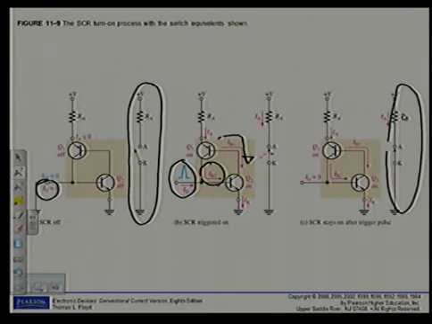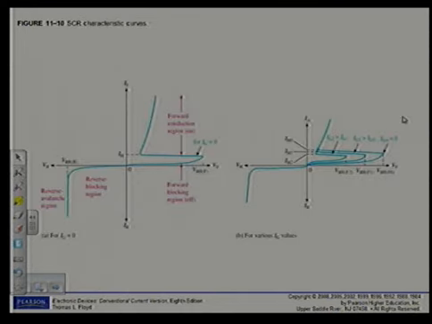But let's have a look at the characteristic curve so that we can see the similarity to the 4-layer diode. This device can also be used as a 4-layer diode, but it wasn't designed to be used that way. As we can see over here in figure 11.10a, it's very similar to the 4-layer diode where I increase the forward voltage, and up to a certain point, which is called the forward breakover voltage, the device switches on.